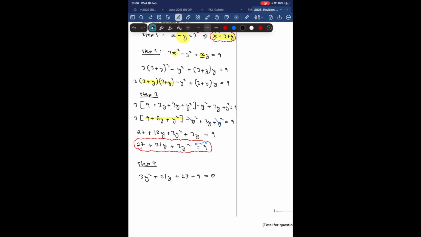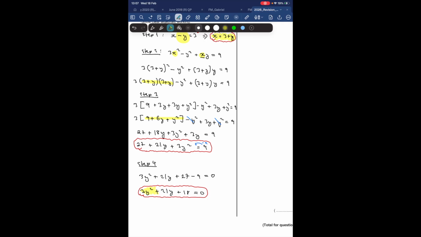If I do the final bit of simplification, collecting up the like terms, 27 take away 9 is going to give us 18. So our quadratic equation at the end of step 4 is 3y squared plus 21y plus 18 equals 0. Now that we've got our quadratic equation equal to 0, we can solve it to work out y.